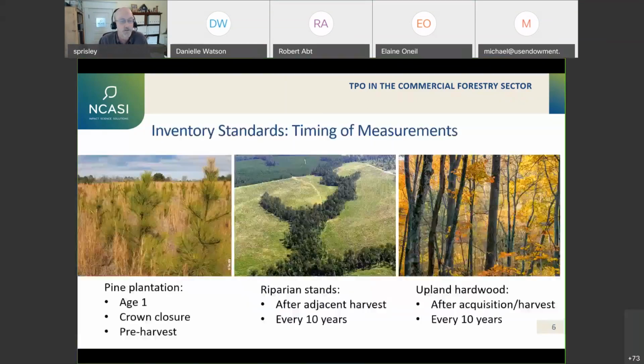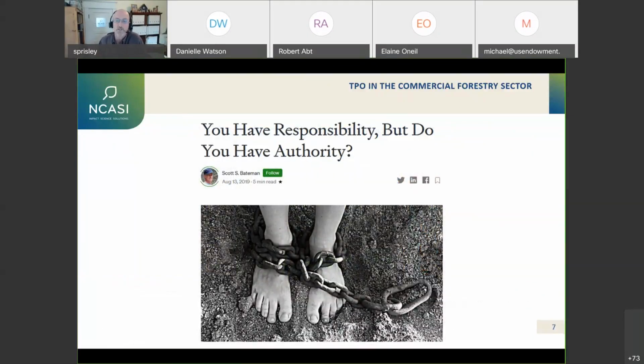So for example, some of our standards included the timing of inventory measurements, and we did this by management program. For our pine plantation program, we'd get an initial stocking measurement at age 1. We'd measure a stand at crown closure to get a diameter distribution, and then we'd measure pre-harvest. And other management programs would have different schedules. So while we established the standards in our department, could we ensure that they were met? The answer is no, we couldn't, because while we had responsibility for the inventory, we didn't have the authority to allocate resources, either money or people, to accomplishing the task.